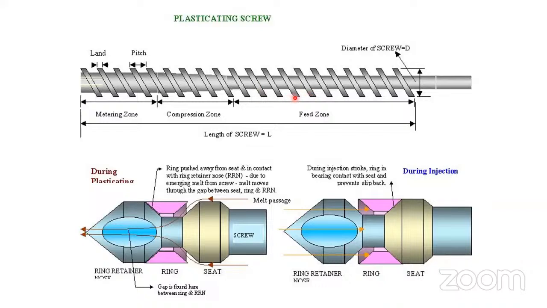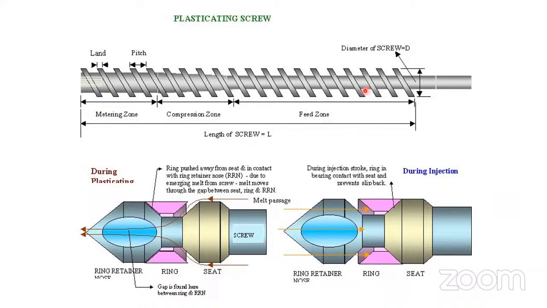Here the flight depth goes on decreasing, becoming less and less. Here the flight depth is less as compared to this. See the gap here, lower. See the gap here, higher.